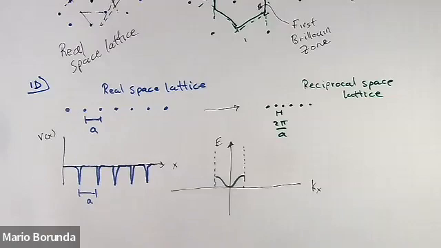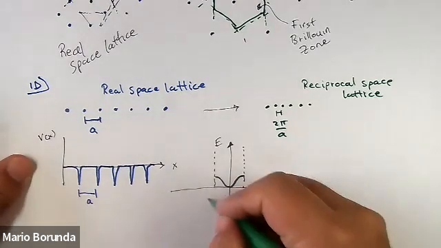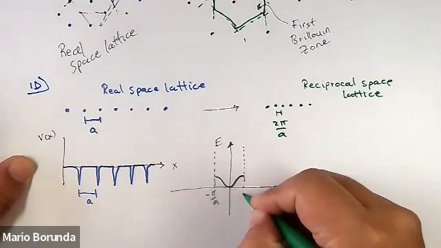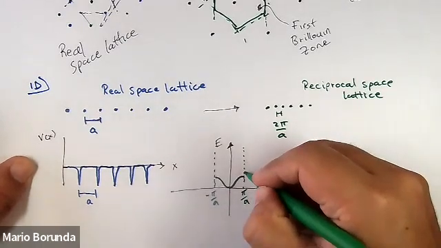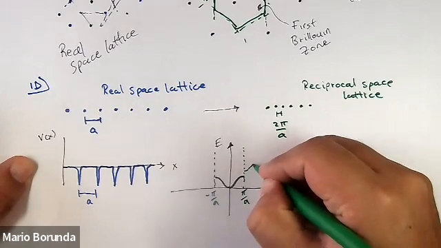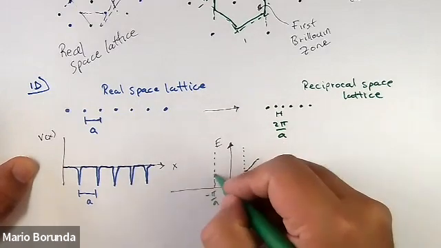So that distance right here is the same one as up here. So this distance from here to here is, this is 0. This is 2 pi over A, negative pi over A. Does that make sense? So this is negative pi over A. This is pi over A. And then it would continue in this direction like this.